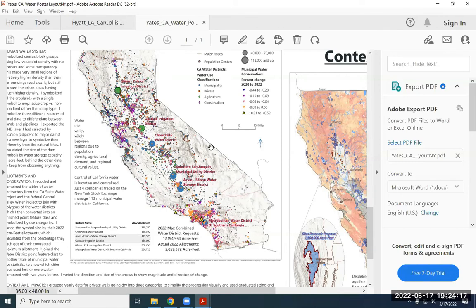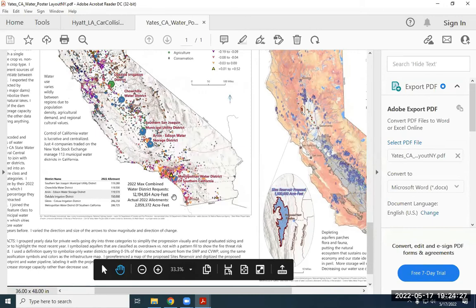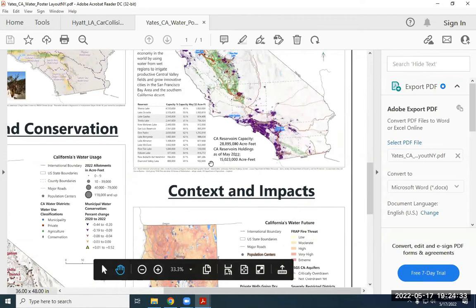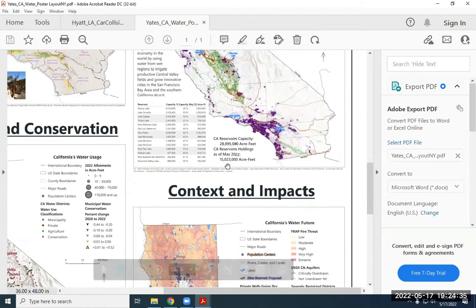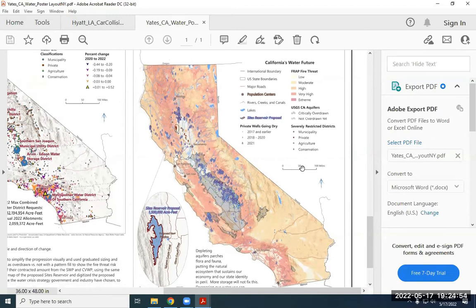And so you can see there's regional differences about how much people are conserving. But if you add up the amount of water district requests at 12 million acre feet, and then compare that to the amount that is in our reservoirs now, which is 15 million, clearly we're going to use almost every drop of our reservoirs this year. So it's not really a sustainable situation that we have, which is why they're cutting people off from the water they would normally be getting.